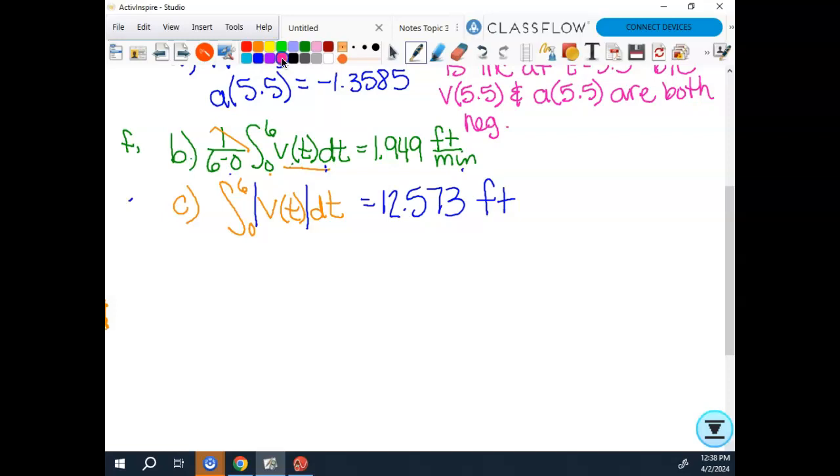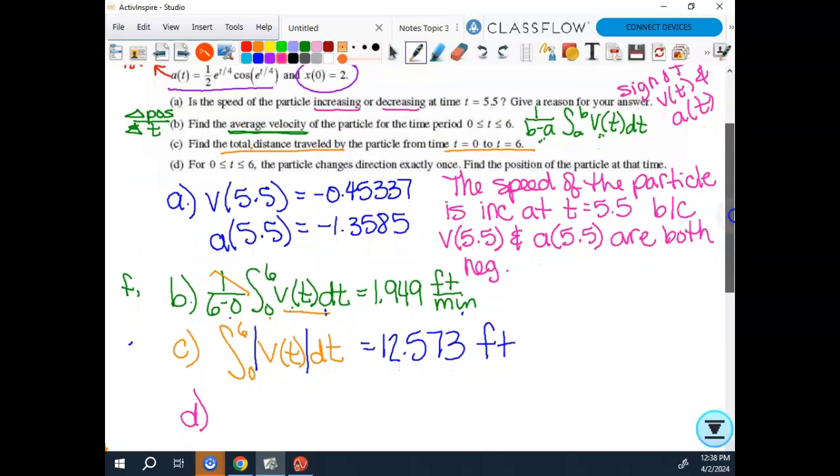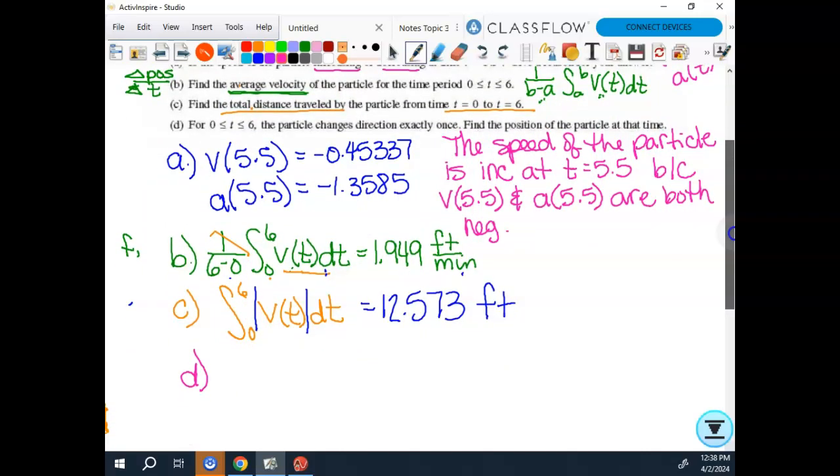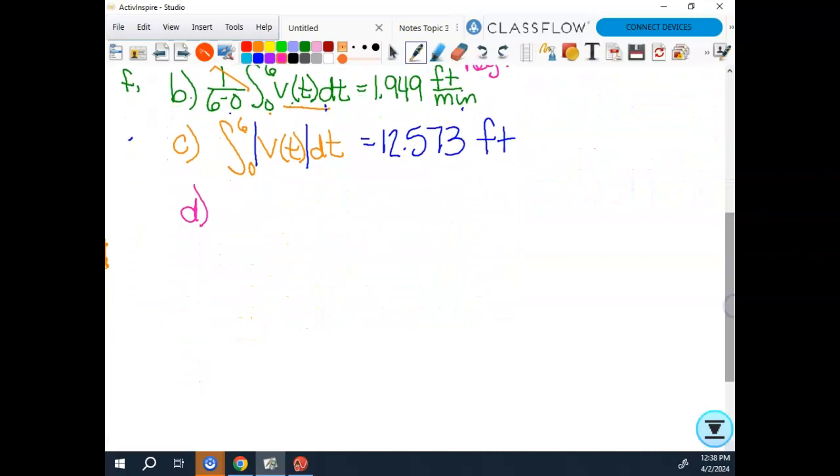All right. D. D says for t being between 0 and 6, the particle changes direction exactly once. Find the position of the particle at that time. Okay, it changes direction exactly once. How would we figure this out?